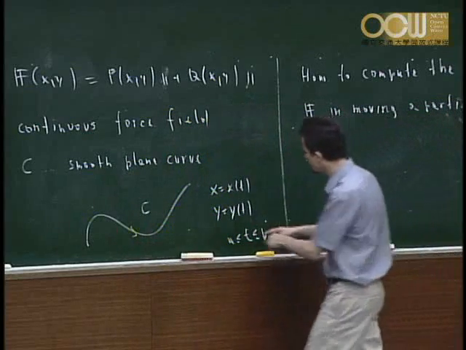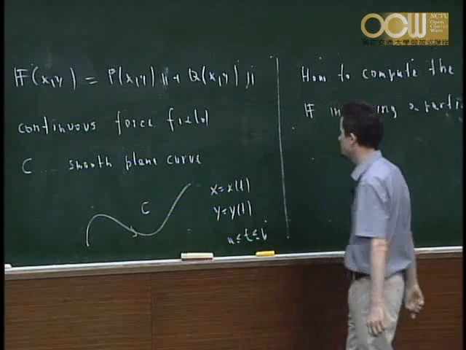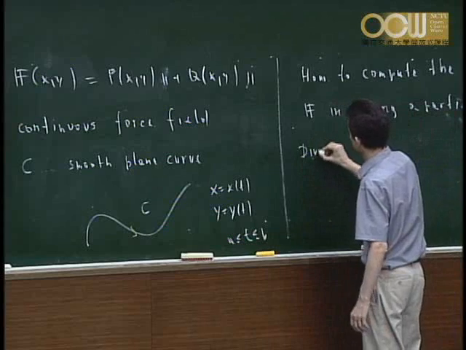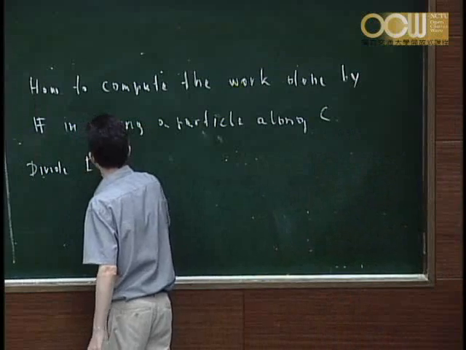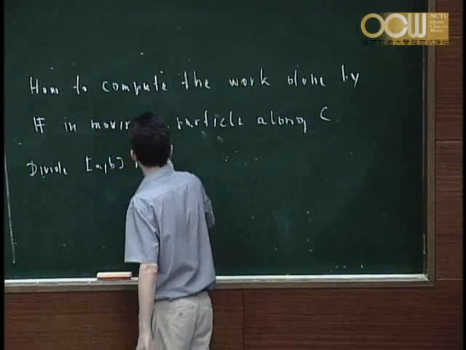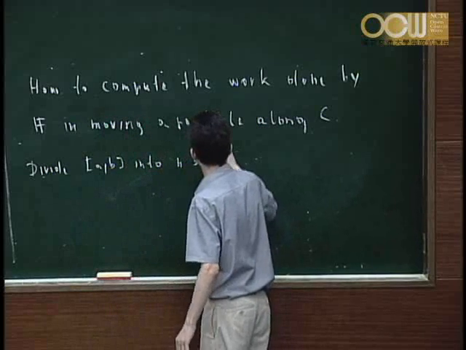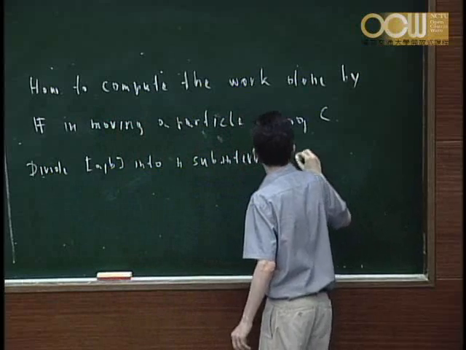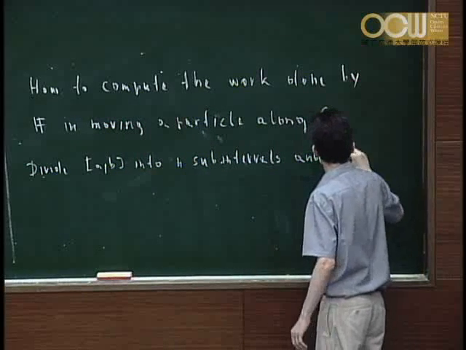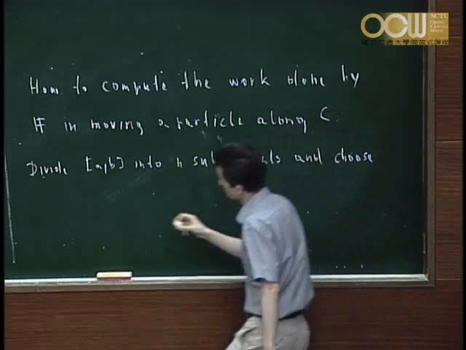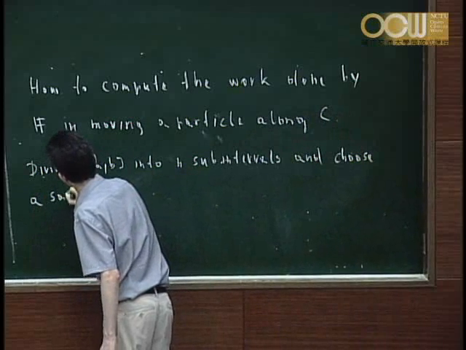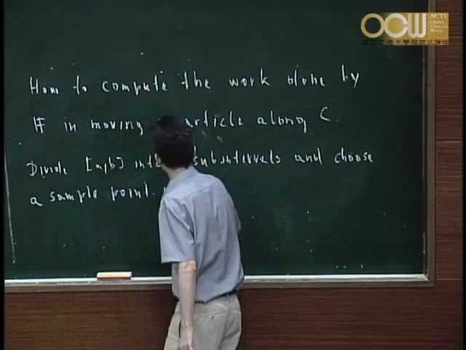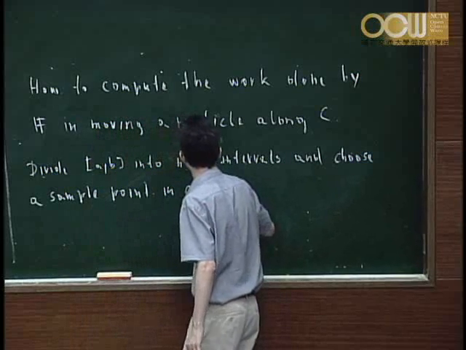So we divide the interval [a, b] into n subintervals and choose a sample point in every subinterval as before.